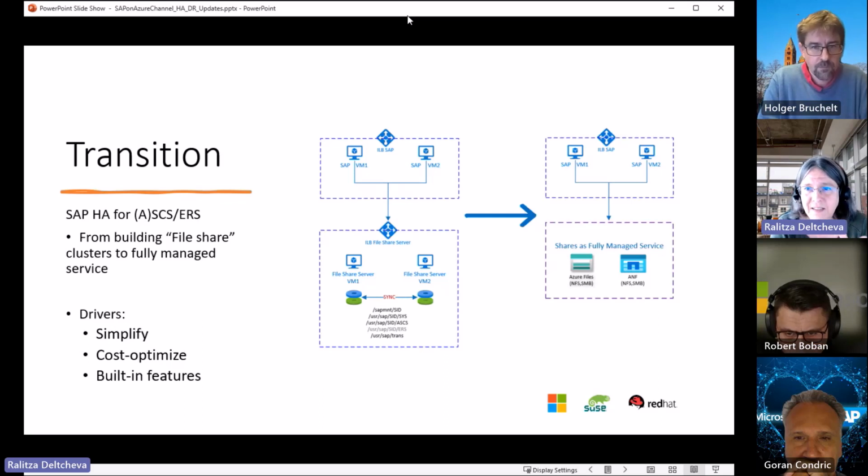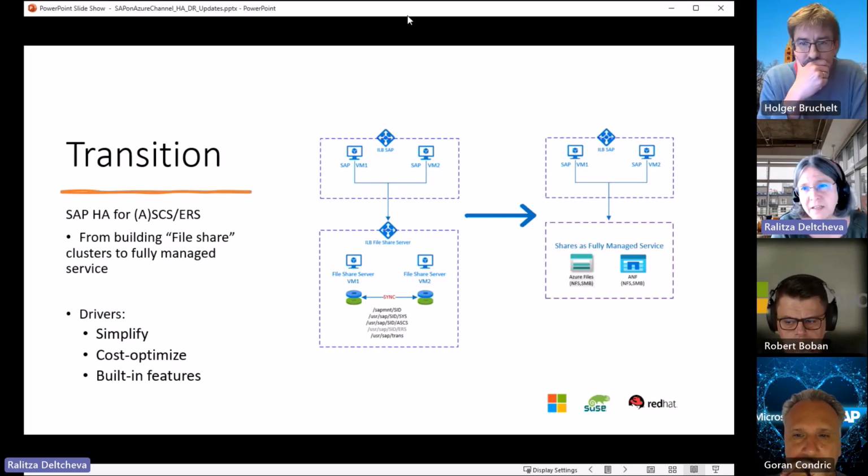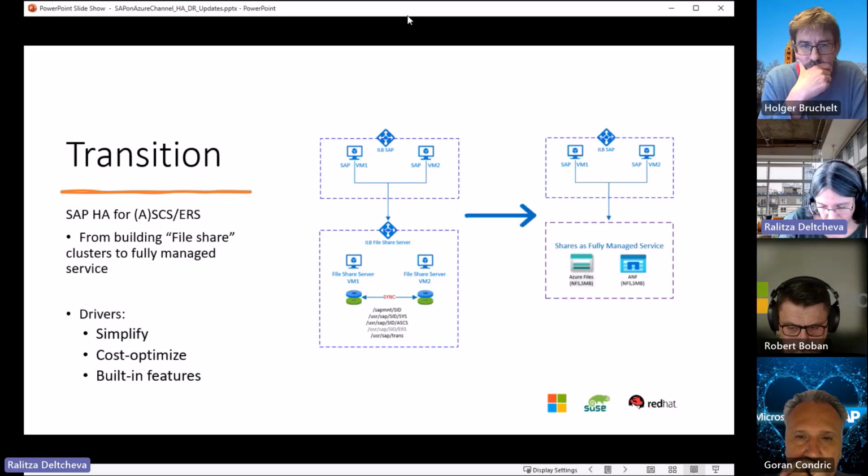And I love this slide because it shows the transition over the last several years, because today customers have multiple choices to deploy a resilient infrastructure for the SAP shared directories. We have two options. You have Azure Files, either NFS or SMB, depending on the operating system the SAP system is running on, and you have Azure NetApp Files.